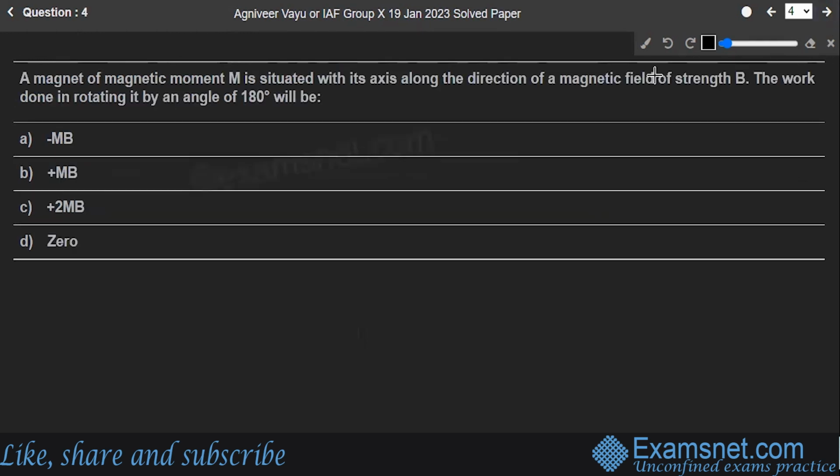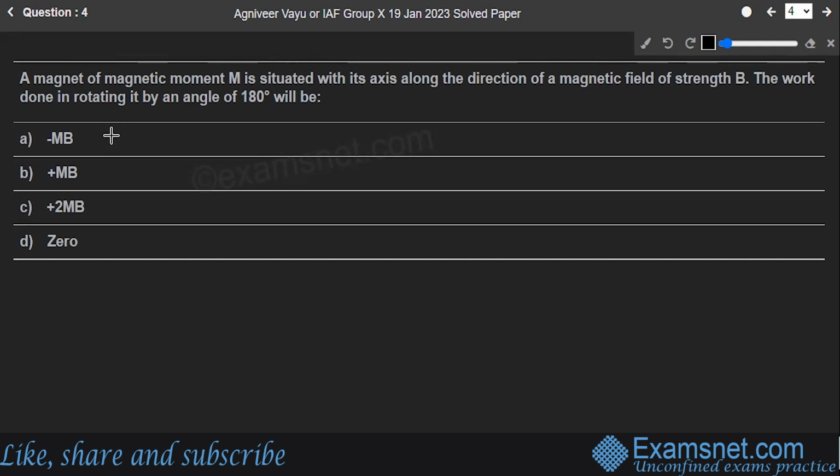A magnet of magnetic moment M is situated with its axis along the direction of the magnetic field of strength B. Work done in rotating it by an angle of 180 degree will be. See, first thing, a magnetic dipole consists of two unlike poles of equivalent strength and separated by a very small distance between them.